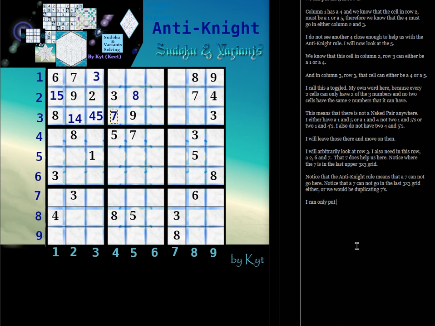I can only put the 7 in column 4, row 3.